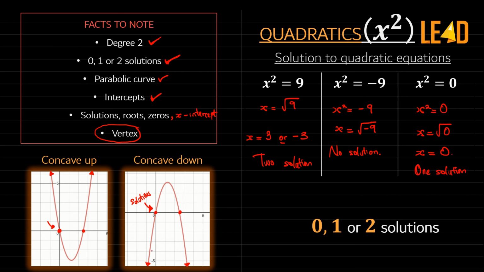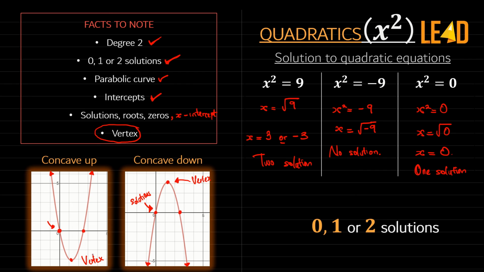Or could model scenarios that rise to a maximum. This was the minimum for this one. So rise to a maximum and then begin to drop again. So for whatever this thing models, I feel like one of the things that would be most important is this point here. This point, your vertex, for me, again, is the most important point. And we'll be looking at how to find those from a graph or from an equation.